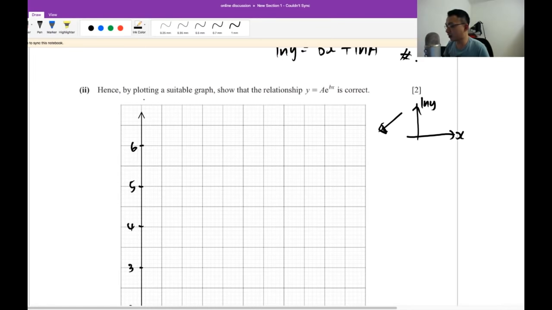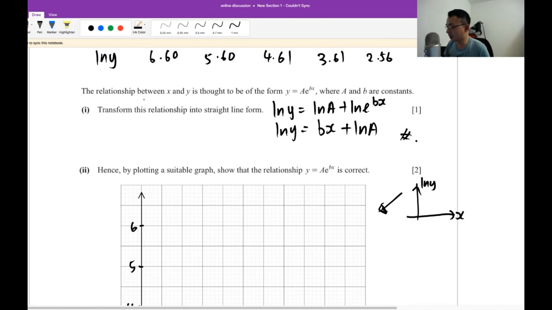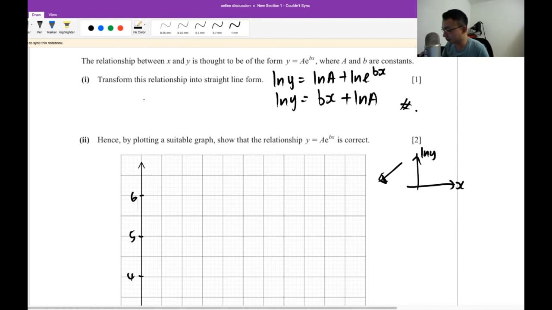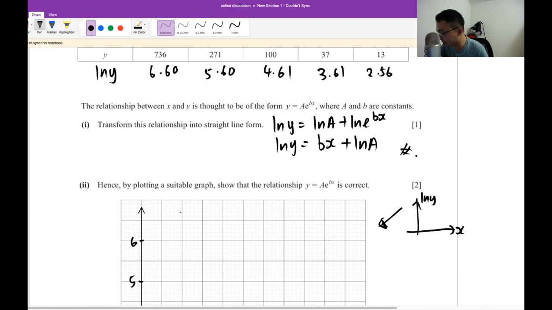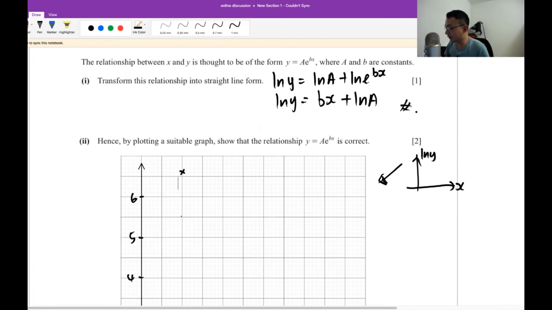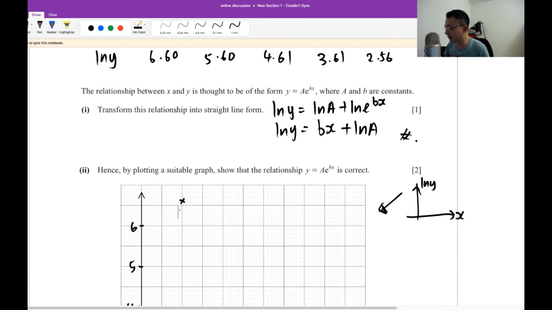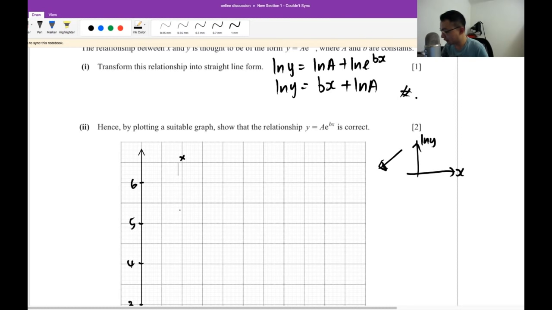Okay, then I will plot it. The first one is 6.6 at 2, so 6.6 is here. And then at 4 you will get 5.6, 5.6 is here.